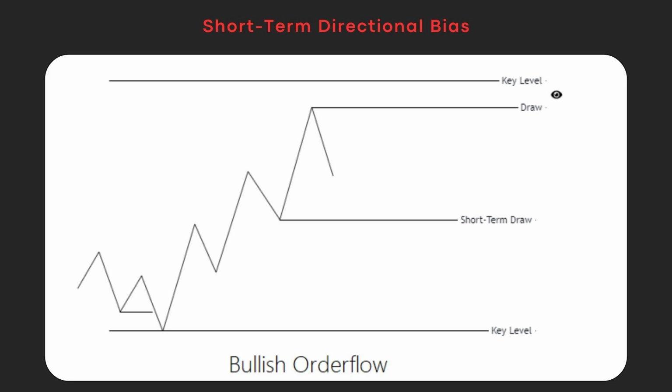Now, if you didn't know about short-term drawn liquidity, what you would have done here is straight away look for longs from here. But since you are aware of it, you would know that our first and immediate drawn liquidity, which is known as the short-term drawn liquidity, is this low right here.